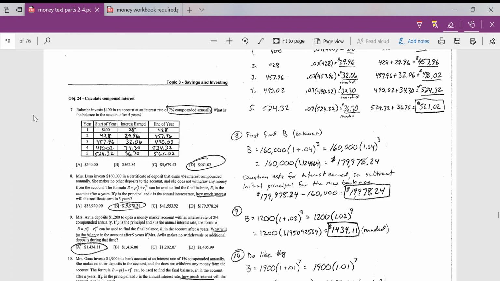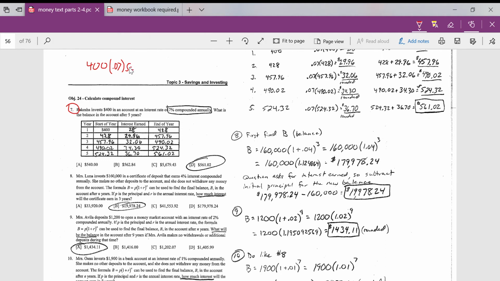An example in problem number 7 here is you're investing $400 at 7% compounded annually, meaning they're going to re-establish your principal every year. Compound annually means per year. So instead of just doing like in Objective 37, we would take 400 times 7%, which is 0.07, and we would times it by 5.